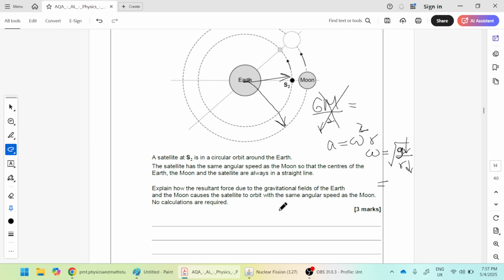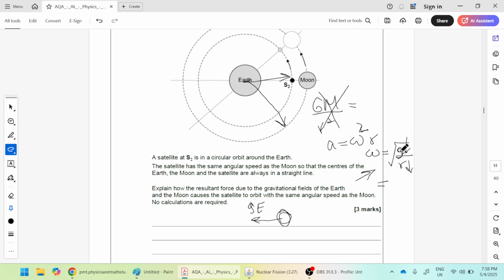So this is an object at S2. There's this gravitational acceleration from the Earth, and we saw by analyzing the circular motion that if the gravitational field strength is only from the Earth, then when it's closer, g is higher.